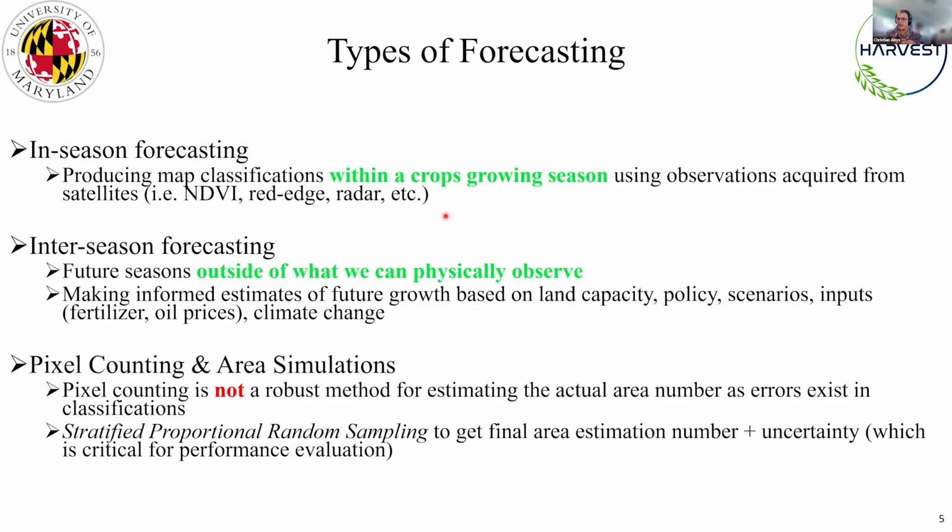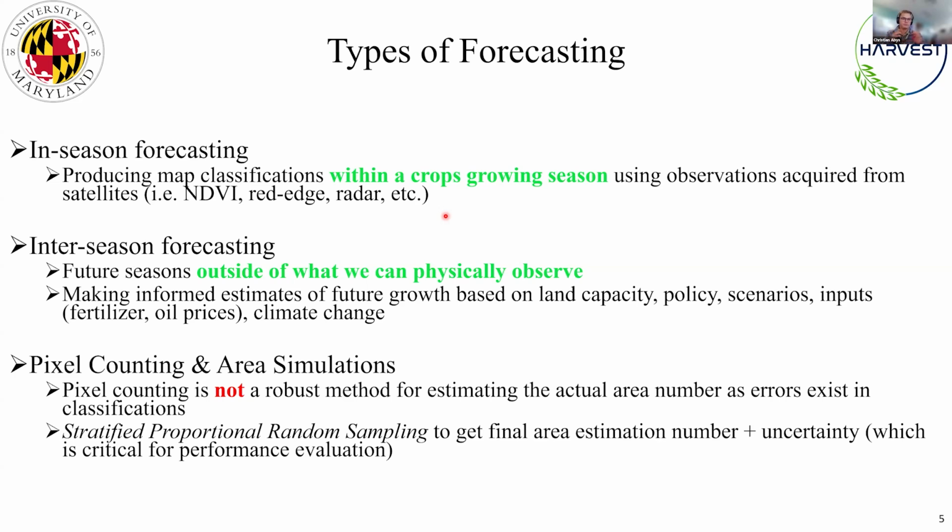We produce the map, we get the pixel counting, but we then sample that map for its accuracy, i.e., in our case today, winter cropland or not, or winter wheat or not. Once you get that, you build a confusion matrix, and from there you can say, okay, this map is 90% correct, 95% correct, or I'm missing here, I'm correct there, and then you get your final area estimation.